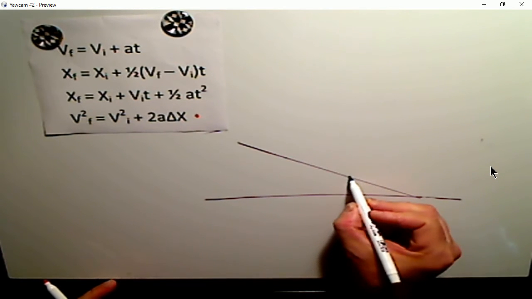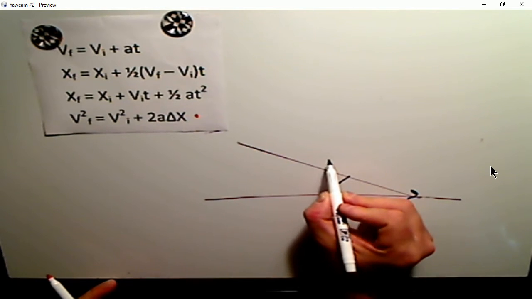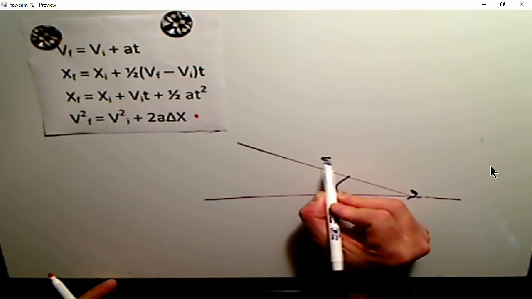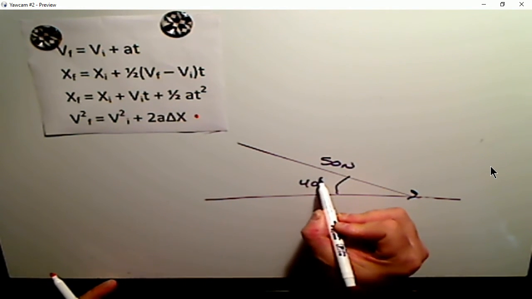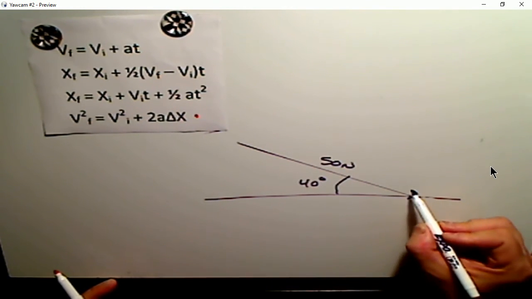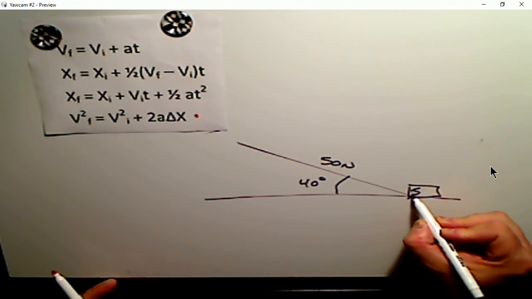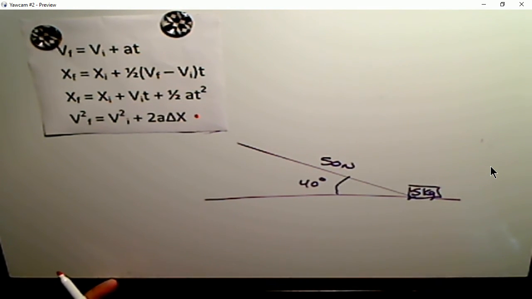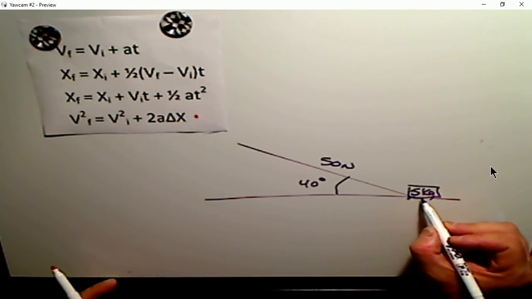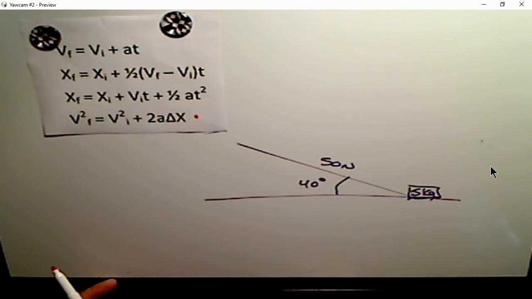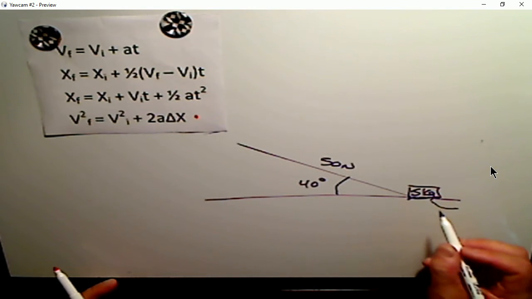If I press down with 50 newtons of force at 40 degrees on an object that is 5 kilograms. What does this mean? If it's not moving, it's assumed that there is a frictional force that will not allow this to move.